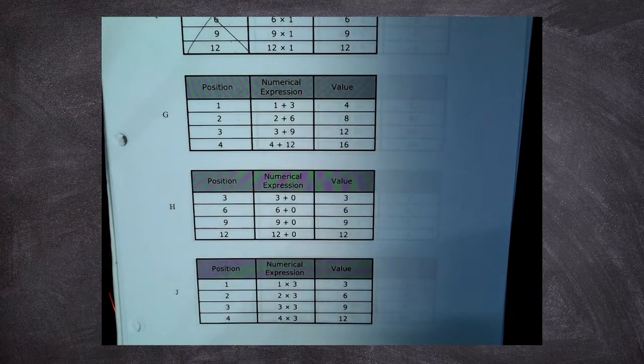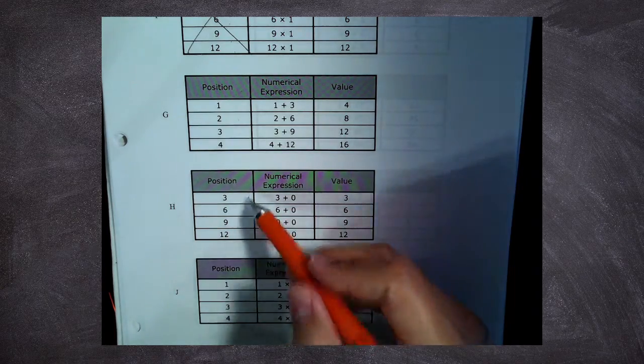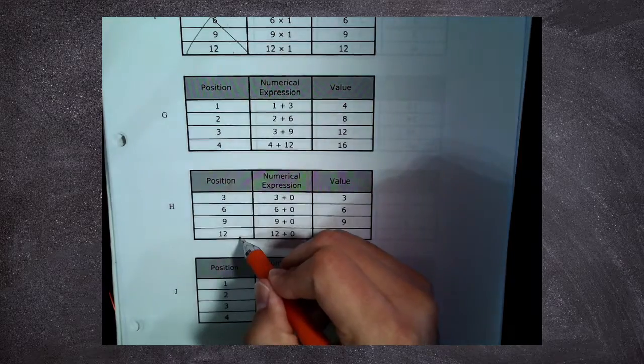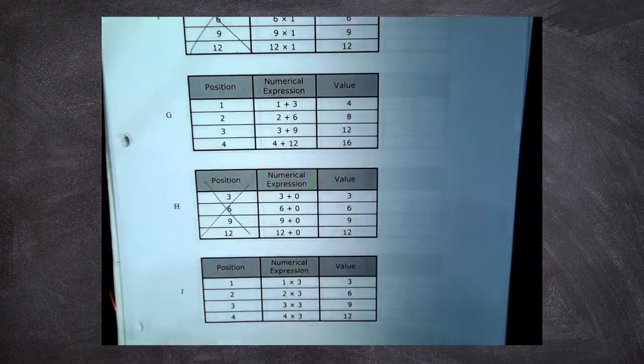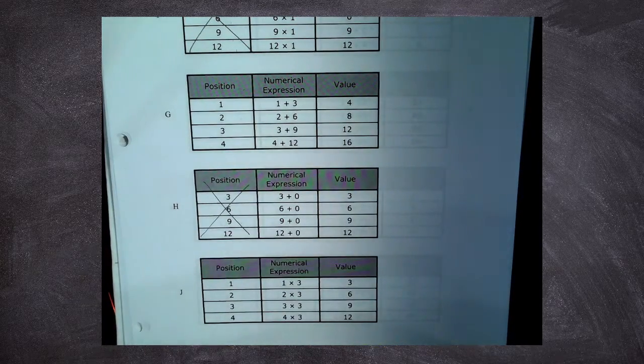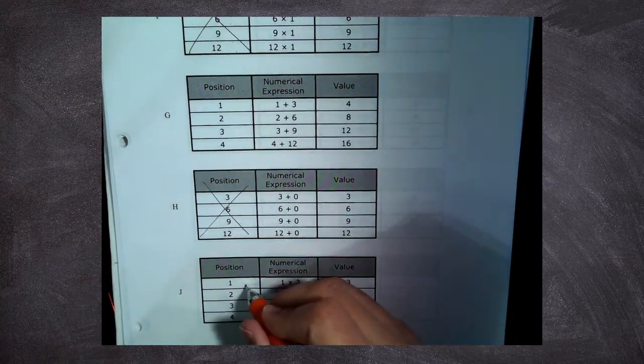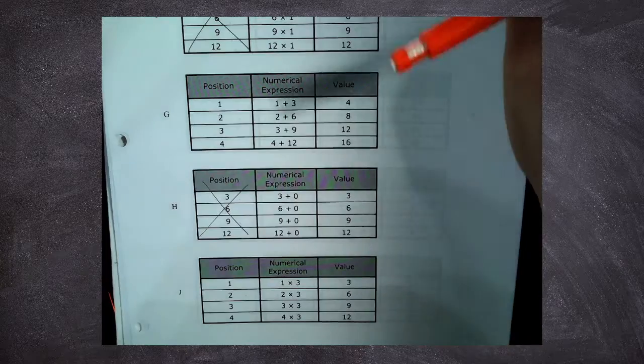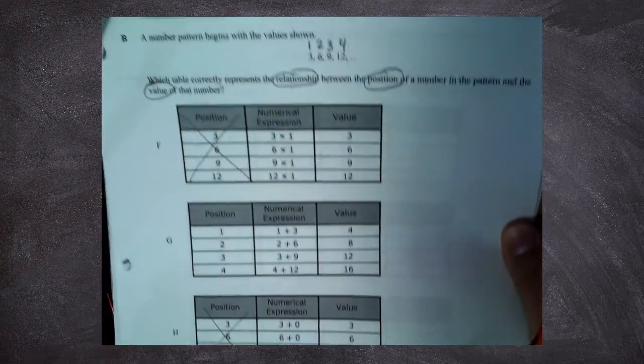I know the answer. Well, hang on. We're going to get there. Okay. Position 3, 6, 9, 12. No. J, position 1, 2, 3, 4. All right. So I've got 2 answer choices left.